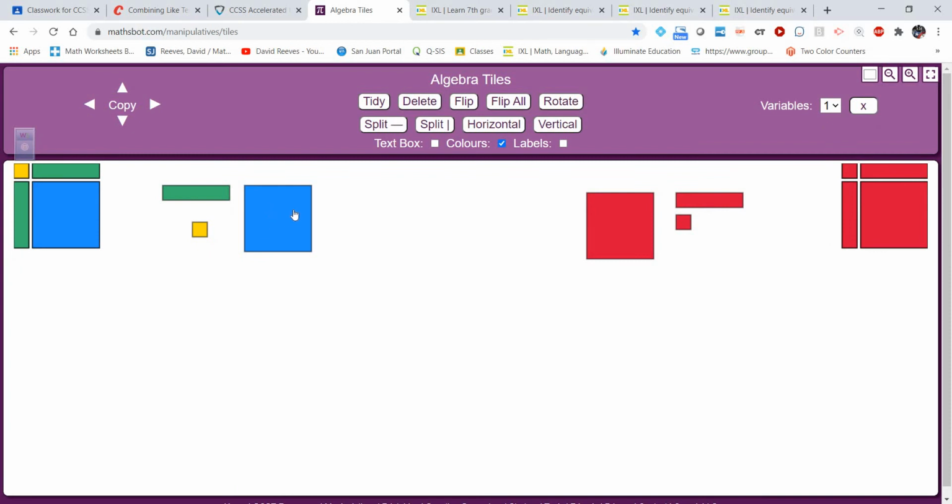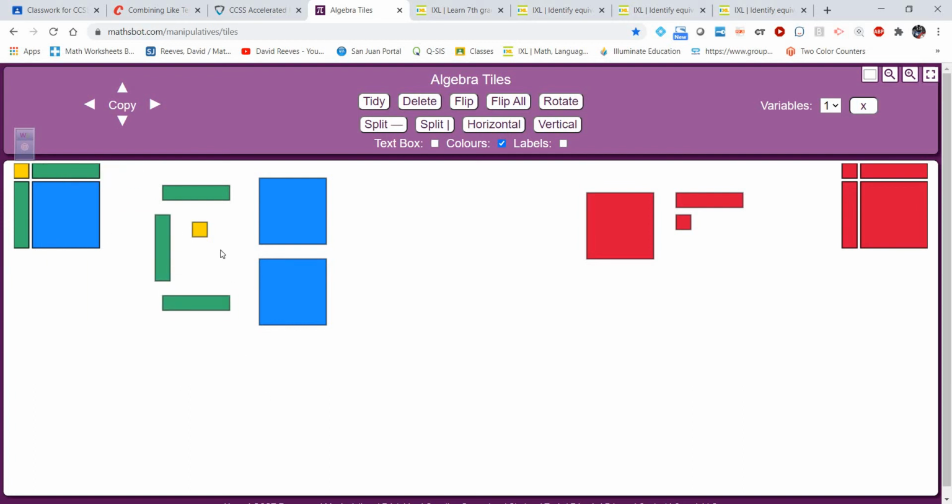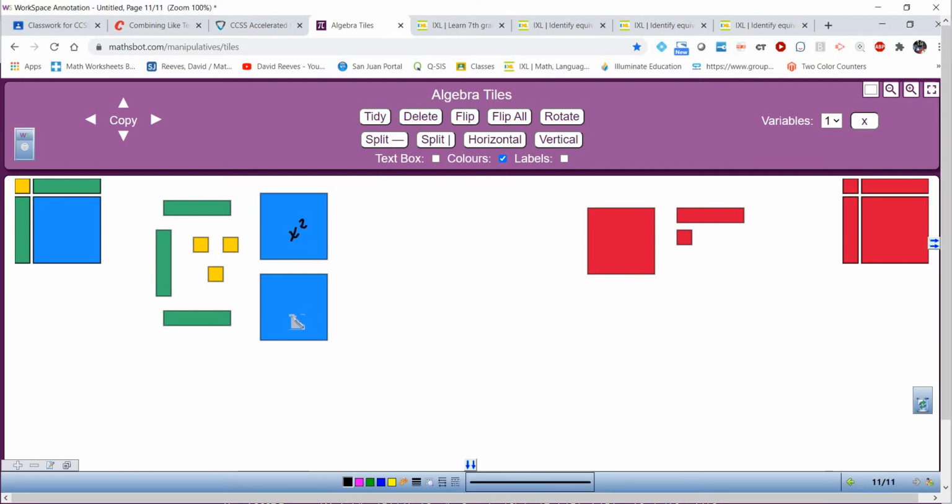All right, so if I brought out something like this, let's just say I have this right here, okay? And I asked you, here, let me throw a couple more in, what that represents. Well, right here, this is an x squared, this is an x squared, this is an x, this is an x, this is an x, and then 1, 1, 1.